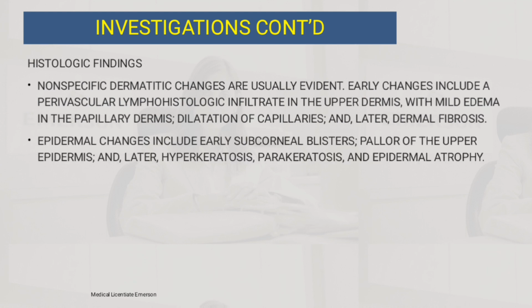Then epidermal changes include early subcorneal blisters, pallor of the upper epidermis, and later hyperkeratosis, parakeratosis, and epidermal atrophy.